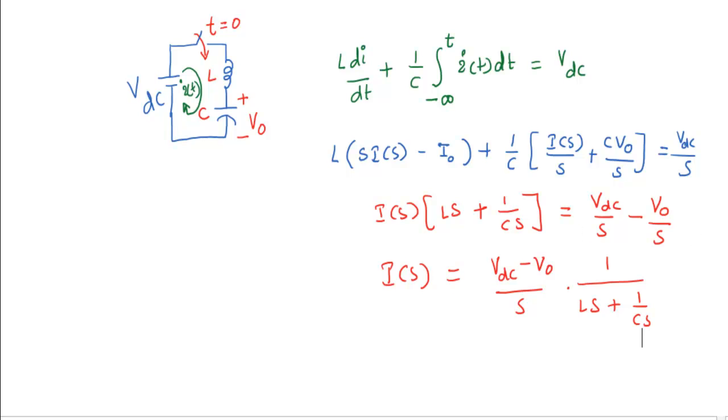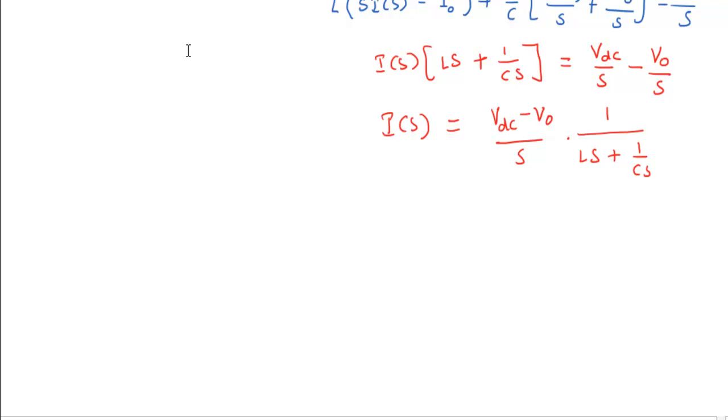Now to simplify further, I(S) equals (VDC minus V0) by S into, if you take the LCM, Cs comes to the numerator, divided by (LCs squared plus 1). Now the S gets cancelled, and VDC minus V0 into C will be there.